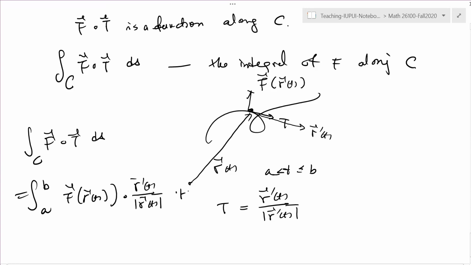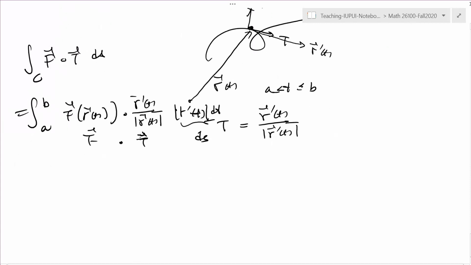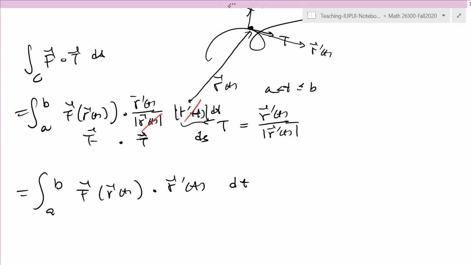Then ds, I remember, is the length of r prime times dt. But you will see that the length of r prime is cancelled out. So you can simply get the integral of F dot r prime dt, because this is cancelled out. Good.